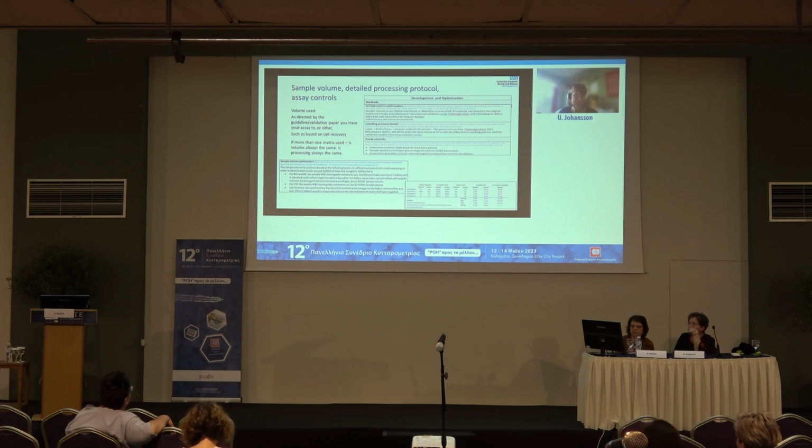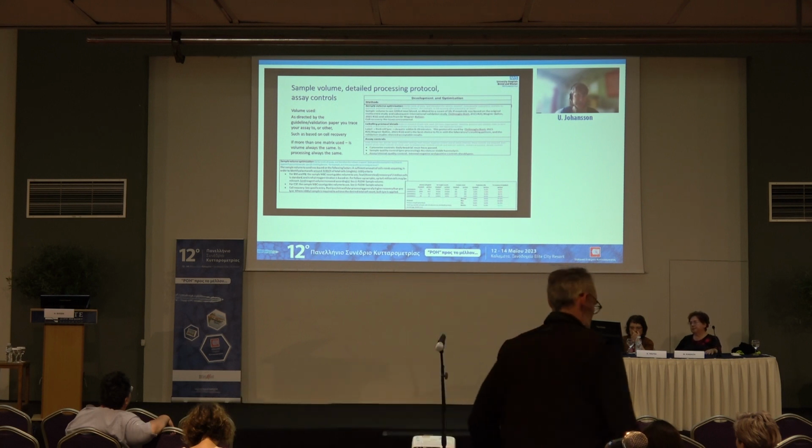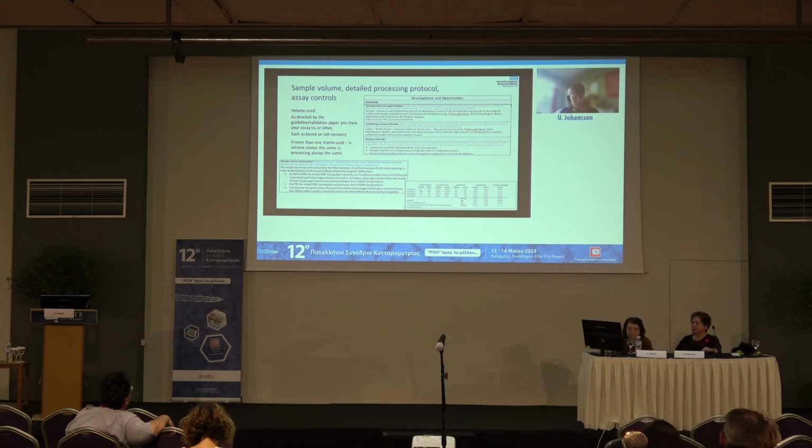So again, for the plasma cell screen, for example, we find that with the intracellular labeling technique, the cell recovery often is less, and so we need to adjust the volume that we use to make sure that we have enough cells at the end of it. So these are all quite obvious things maybe, but it's just a reminder to include all this in the validation documentation.